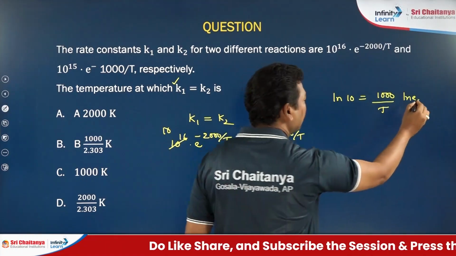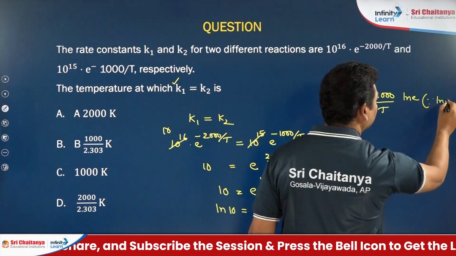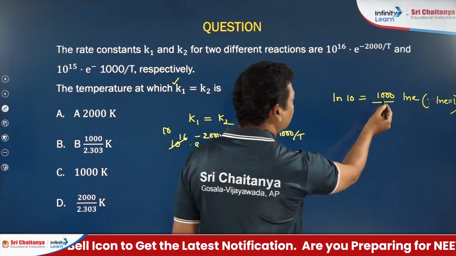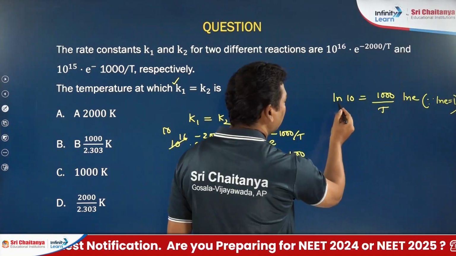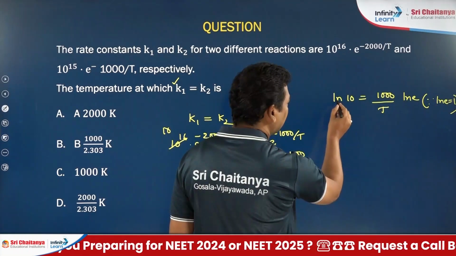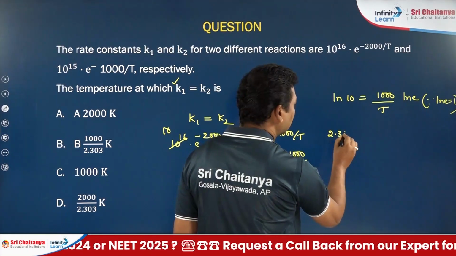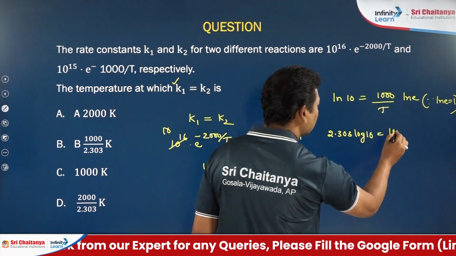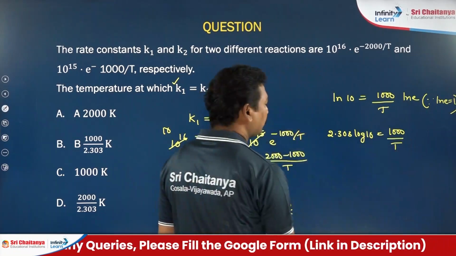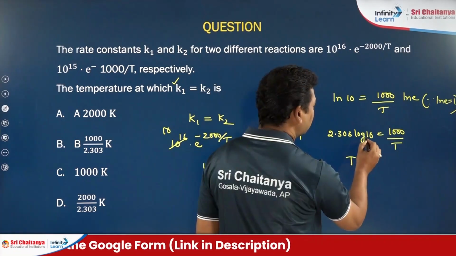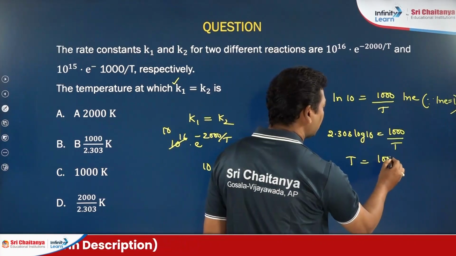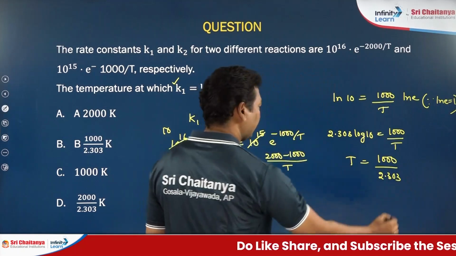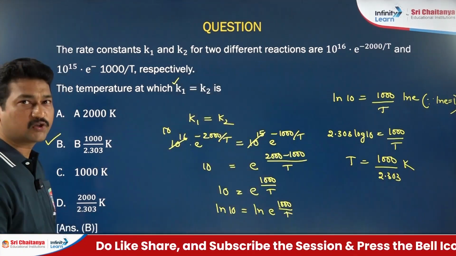The value of ln e to the base e becomes 1, so ln 10 is equal to 1000 by T. Coming to normal logarithms, 2.303 log 10 is equal to 1000 by T. From this, T is equal to 1000 by 2.303, since log 10 to the base 10 is 1, Kelvin.